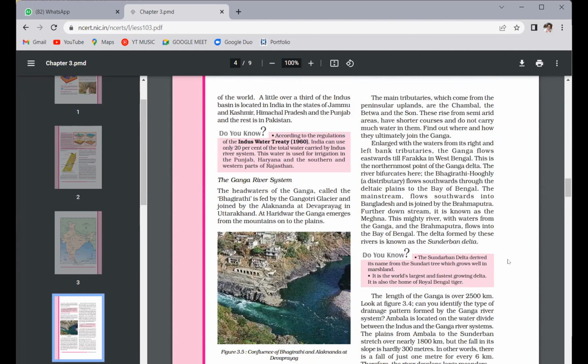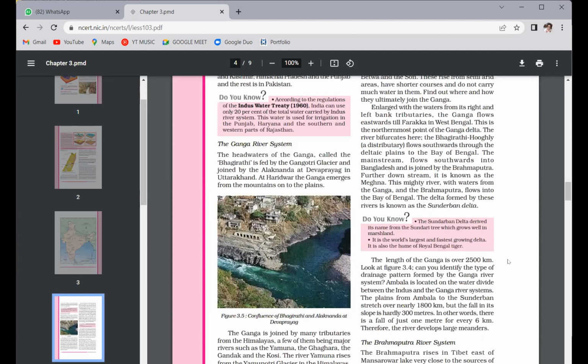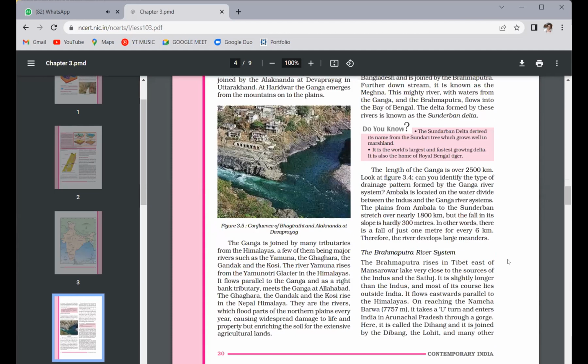Ma'am, have you seen the confluence of Alaknanda and Bhagirathi? In practical, I have not seen, but only in pictures, beta. Ma'am, I have seen in practical just in these summer vacations. Yes, ma'am. It is so beautiful, no? Two different colors and coming together.